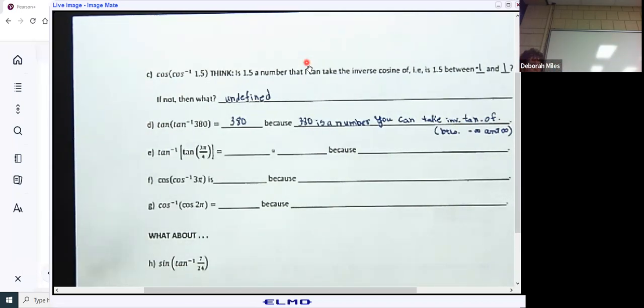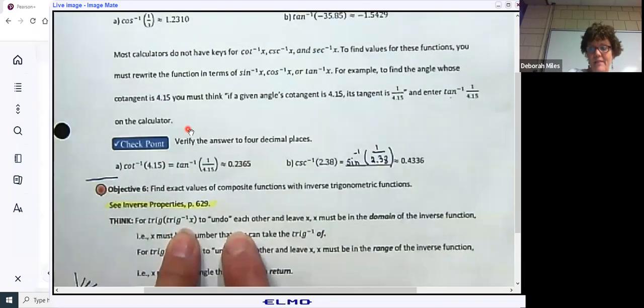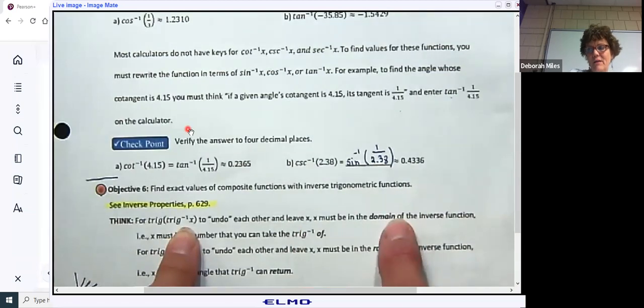So when we first look at the problem, we're looking at what's in the parentheses to ask the question to ourselves. I think the better way to think of it, Hallie, may be whether inverse trig is your inner function or your outer function. If inverse trig is your inner function, then that argument has to be something you can apply that inverse function to. It has to be in the domain of the inverse function. And that's what I was trying to say right here. If inverse trig is your inner function, then x has to be in the domain of the inverse function.